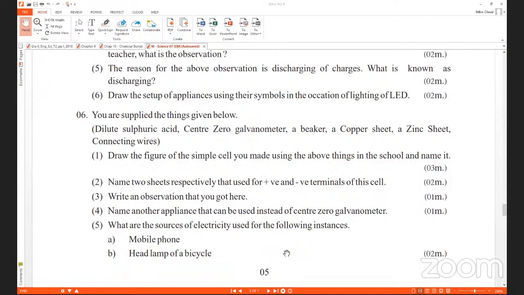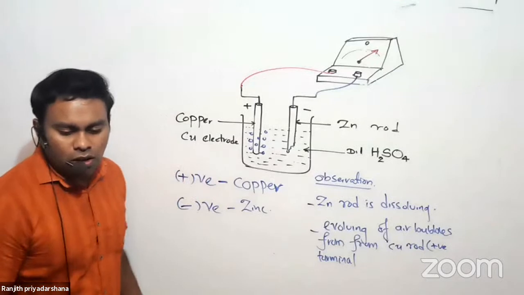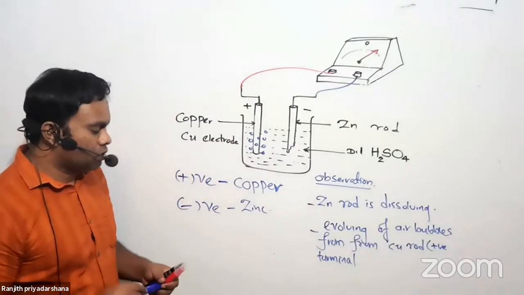Evolving of air bubbles. The setup also gets heated. Good. Evolving of air bubbles from the copper electrode, from the copper rod. That means from the positive terminal. Evolving of air bubbles from the positive terminal.